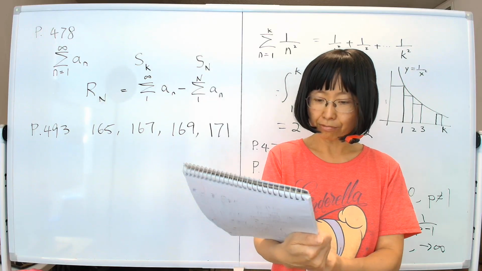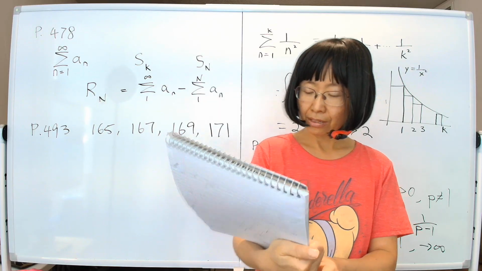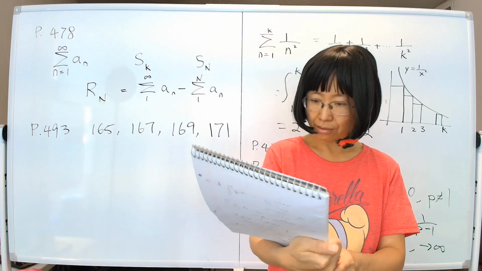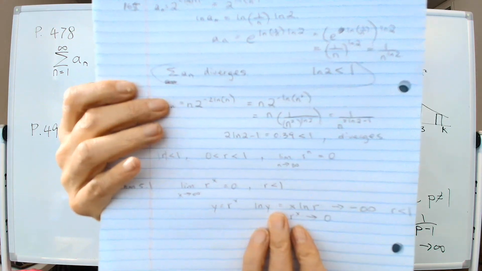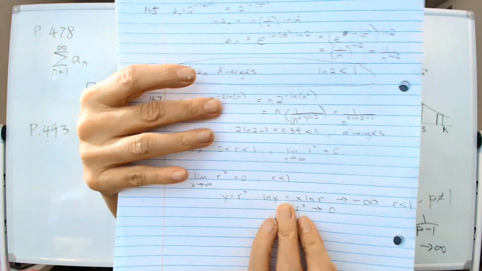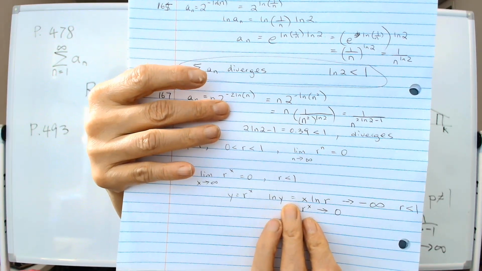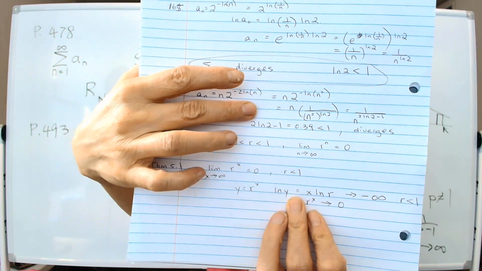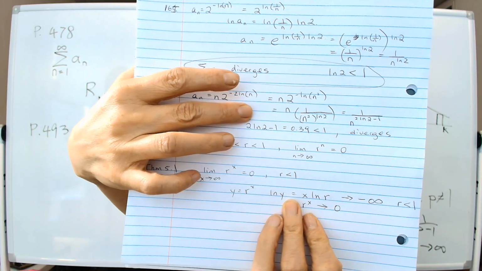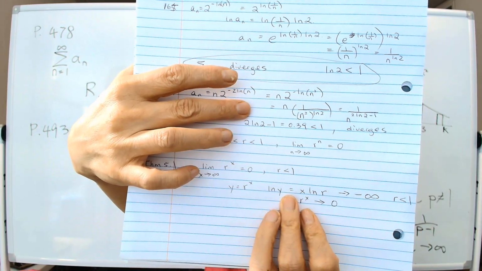Again, you have a weird-looking series, and you're going to rewrite it. You try to rewrite it, and then it becomes something, and then you even cancel out some of the n, or something. Well, 1 to the n.